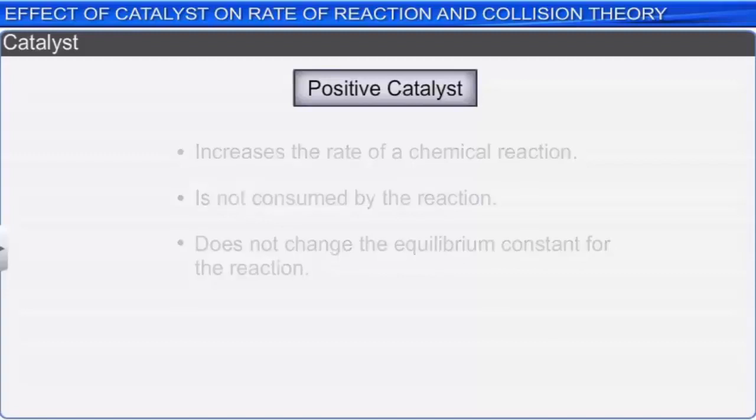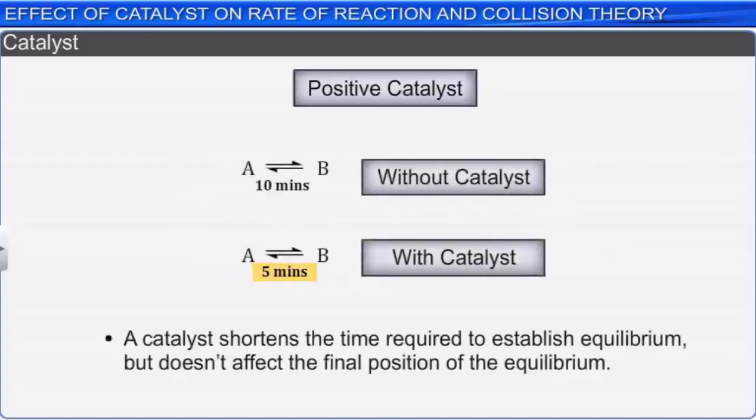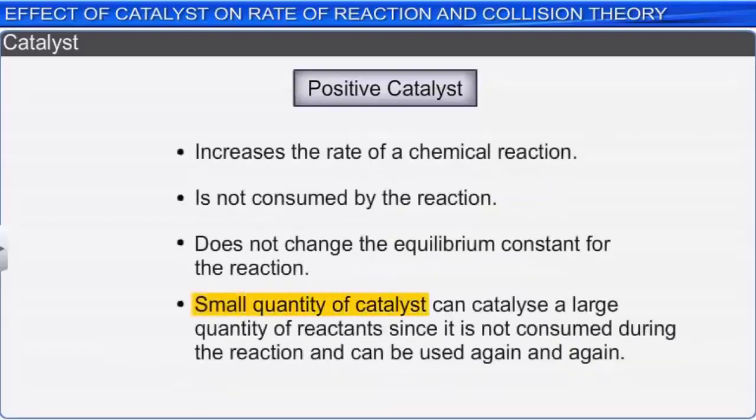That is, it shortens the time required to establish equilibrium, but doesn't affect the final position of the equilibrium. Also, a small quantity of the catalyst can catalyze a large quantity of reactants, since it is not consumed during the reaction and can be used again and again.